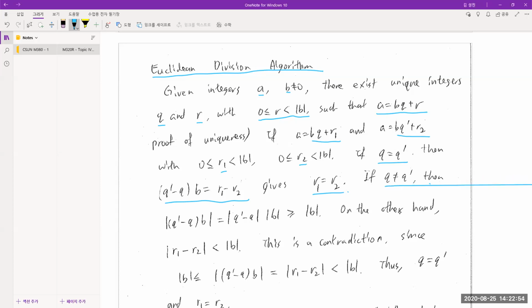Assuming q and q prime are not the same, this absolute value is at least 1. Therefore, this quantity is at least the absolute value of b.